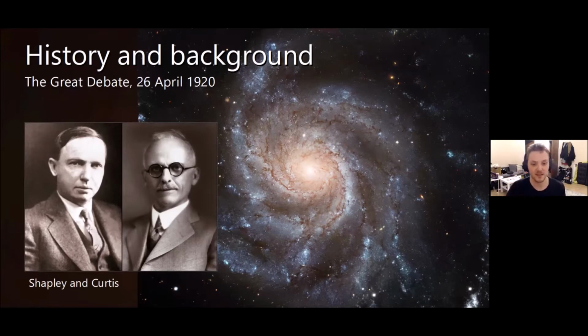The light would have to travel not just the distance of the Milky Way, but even millions of light years. So this debate was settled, and that was the start of extragalactic astronomy: these spiral nebulae are in fact extragalactic sources.